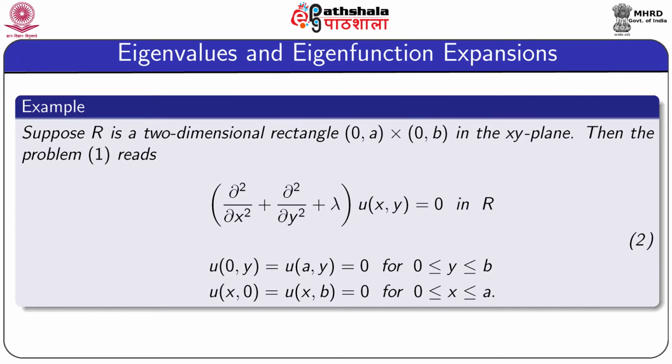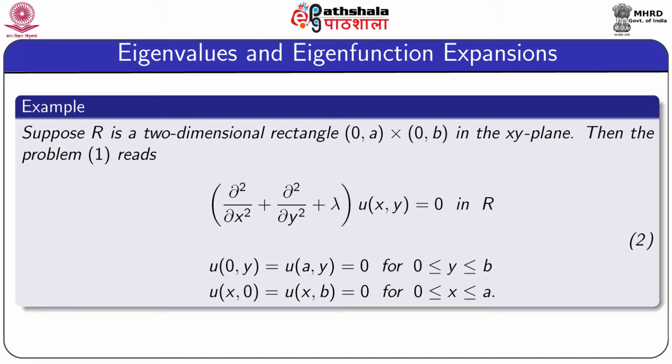Now I shall take one example where you can get some essence of using eigenfunctions to solve a partial differential equation. For that purpose, we are considering the Helmholtz equation in 2D.